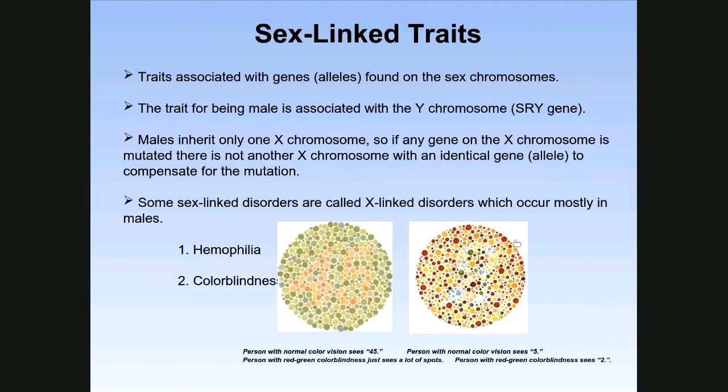Now, other genetic disorders are what are called sex-linked genetic disorders, but more specifically, X-linked, such as the genetic disorders hemophilia and colorblindness. These two genetic disorders are tied into alleles found on the X chromosomes.